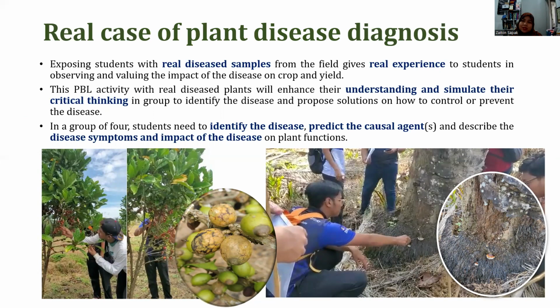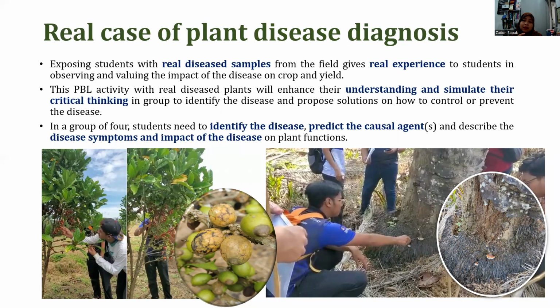They consider how the pathogens attack the plants, and why the plants have this appearance, and relate it with the infection. For example, if the plant is showing wilting, how do the pathogens cause the wilting, and if the plant is showing rotting, how do these pathogens cause the rotting.